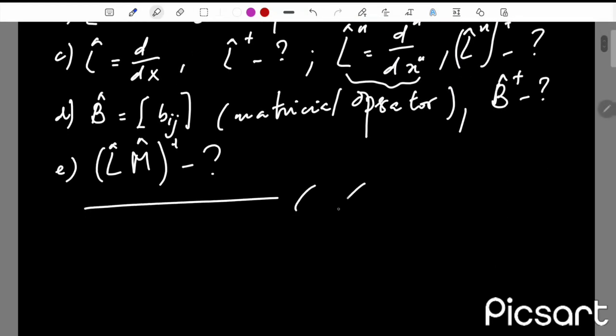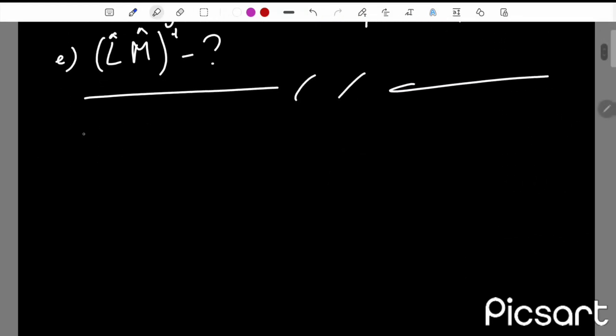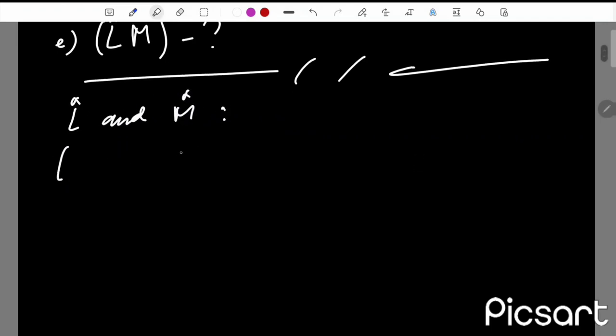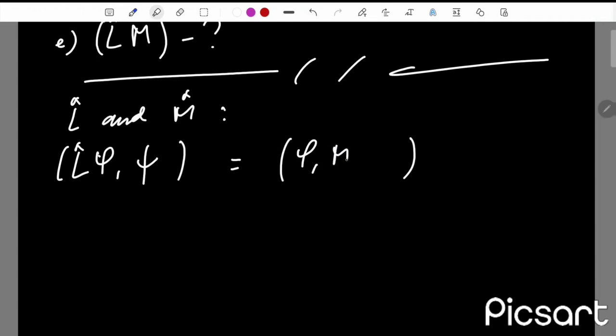For beginning, we will say that if we have an operator L and another operator M such that they satisfy the following equality. Here we have this inner product of L acting, for example, on the function phi, and here we have psi, and then it's equal to phi, and here we have M acting on psi.